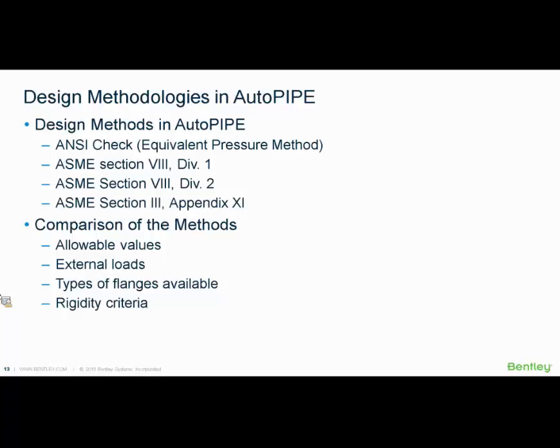So these are some of the differences between div 1, div 2, and appendix 11. And obviously the ANSI check, which is using the equivalent pressure method, is altogether different from these three methods, and is much more conservative.